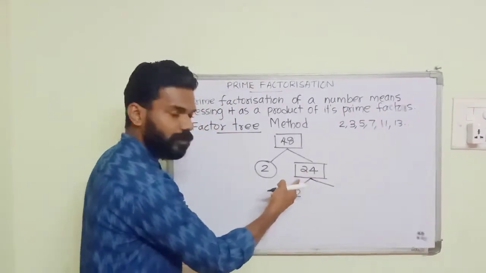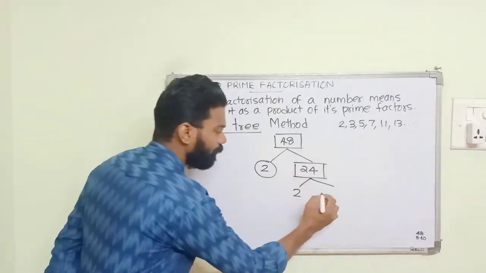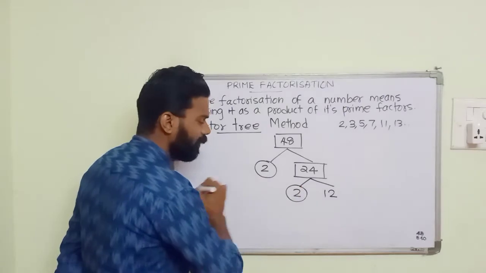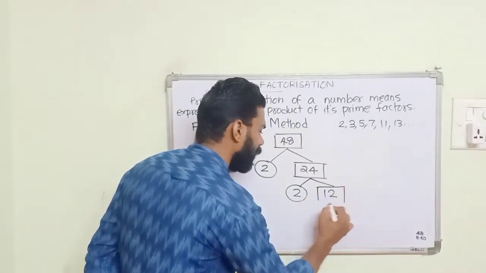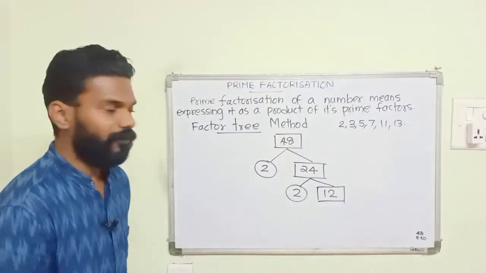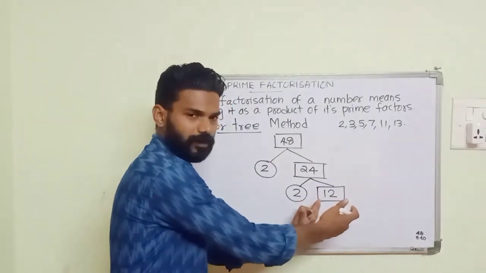Can you tell me 2 into which number gives you 24? Just the half of 24, which is 12. Now this 2 is a prime number, which is rounded, and this 12 is a composite number, which has to be put in a rectangle. Now we continue with this composite number.